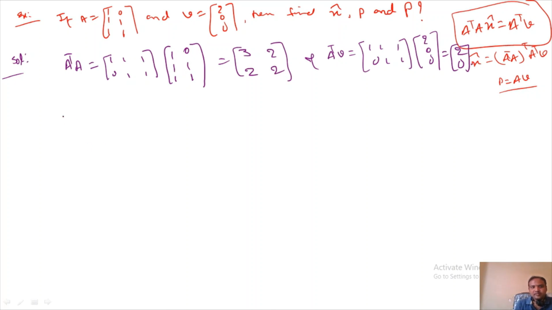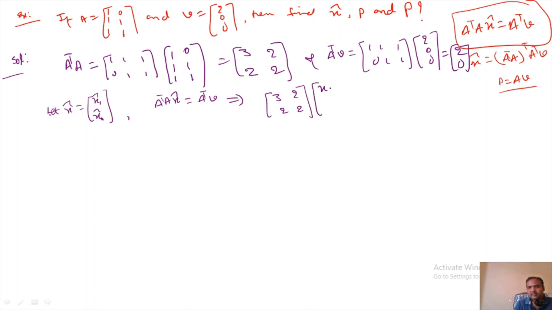So now we have to take A transpose A X hat equal to A transpose V. Let X hat equal to [x1 hat, x2 hat]. So [3 2; 2 2] [x1 hat, x2 hat] equal to [2, 2].